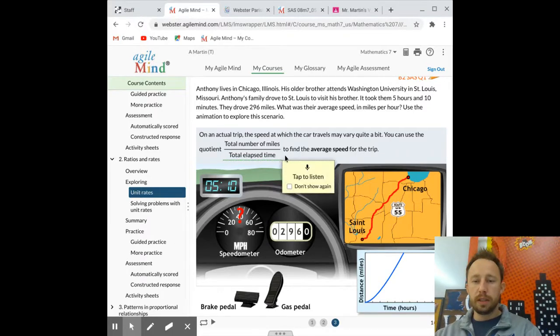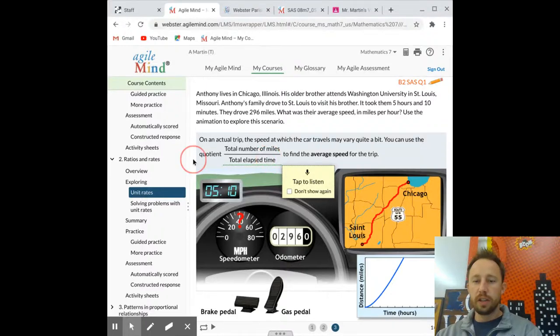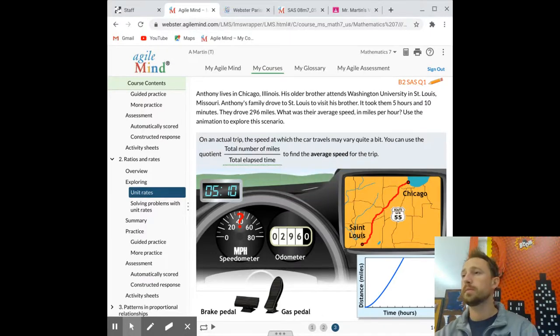Read that for us, please, Miss Angel V. On an actual trip, the speed at which the car travels may vary quite a bit. You can use the quotient total number of miles over total time to find the average speed for the trip. All right, thank you.